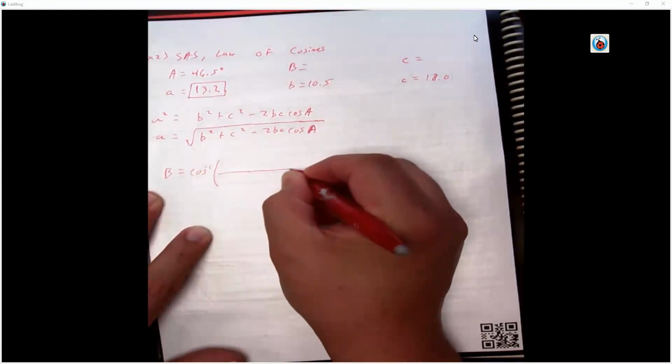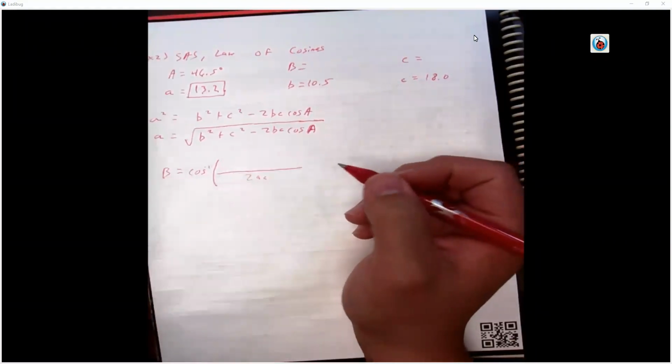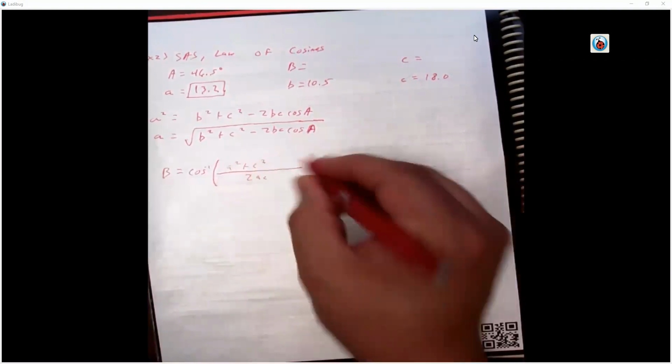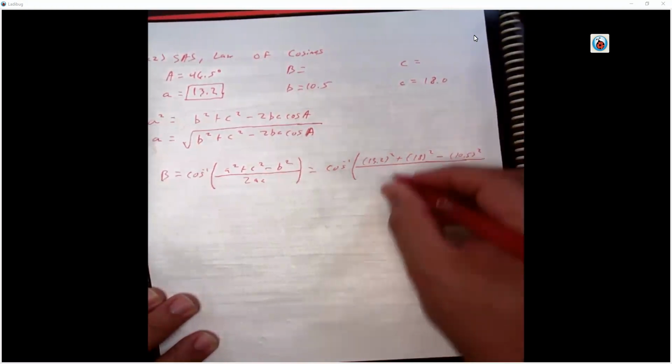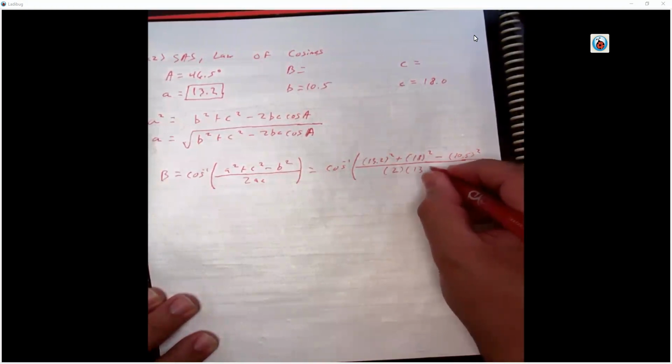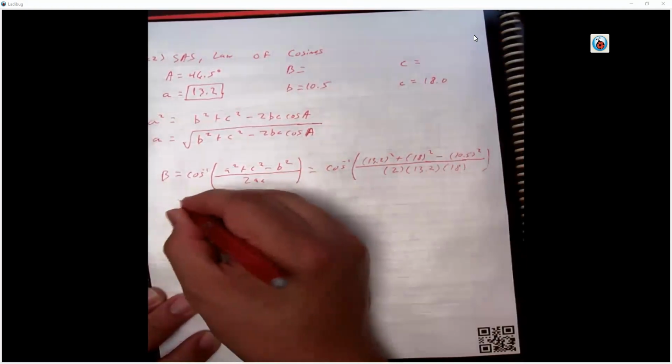Capital B is going to be equal to cosine inverse of A squared plus C squared minus B squared, over 2AC. That's 13.2 squared plus 18 squared minus 10.5 squared, over 2 times A times C. What is that going to be?